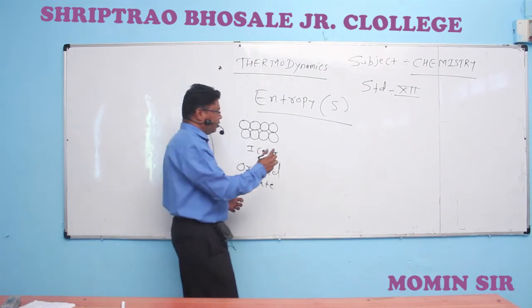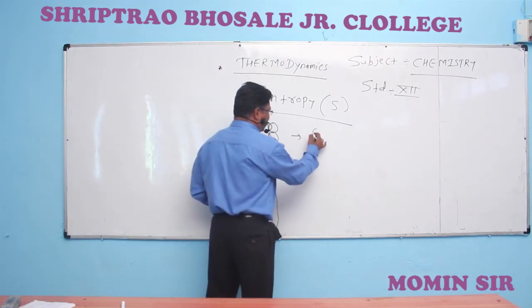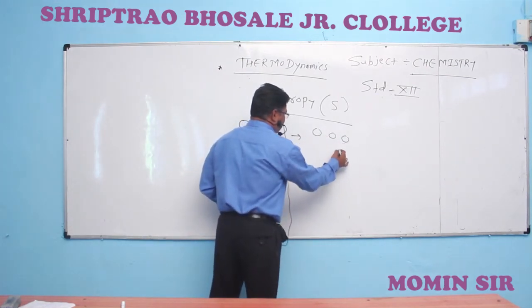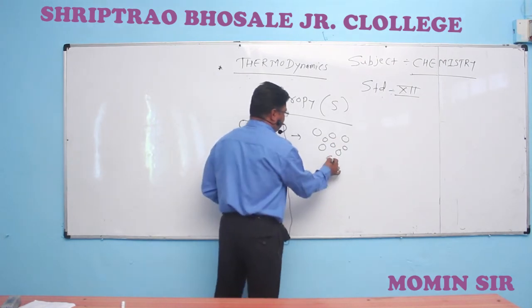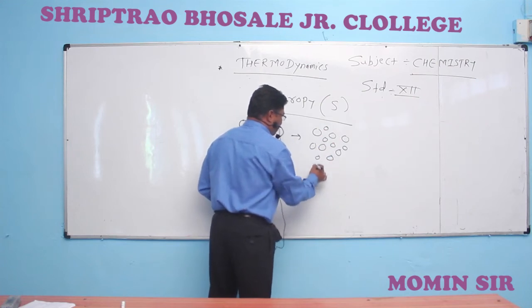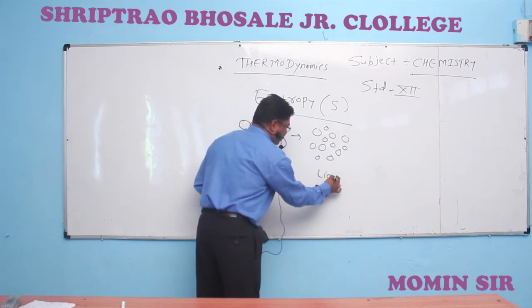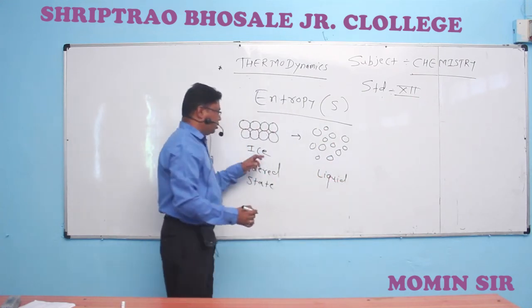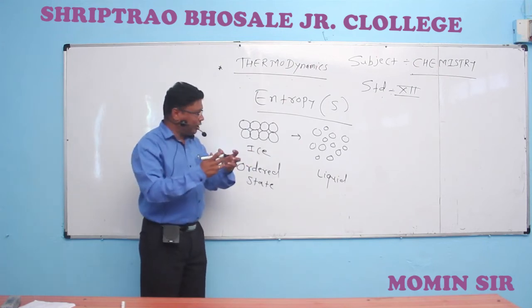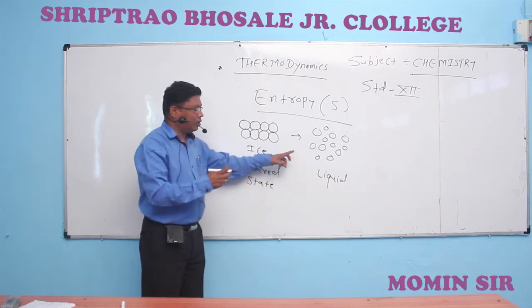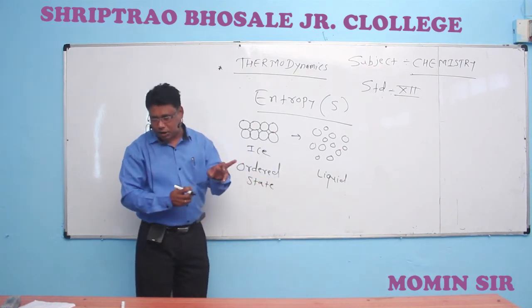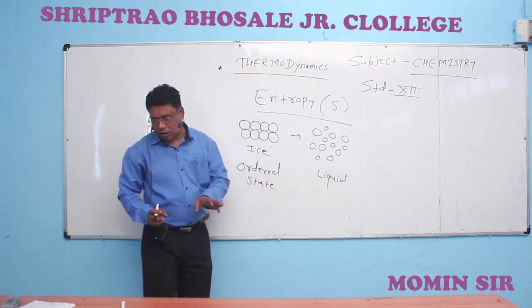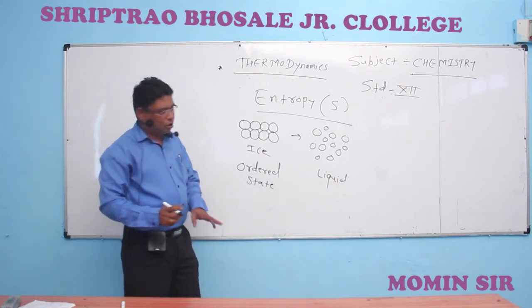When ice melts, it is converted into water, that means it is liquid. Means the attraction between molecules in water decreases. That means the ordered state becomes a disordered state.